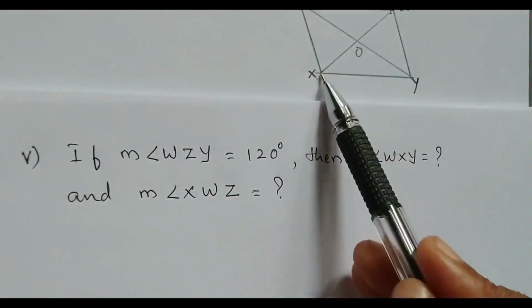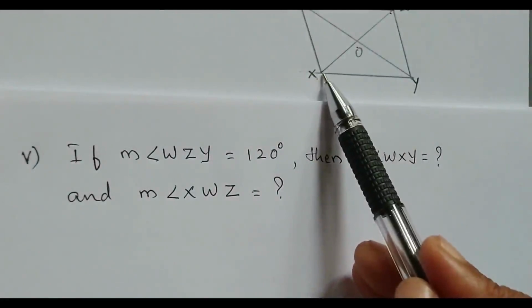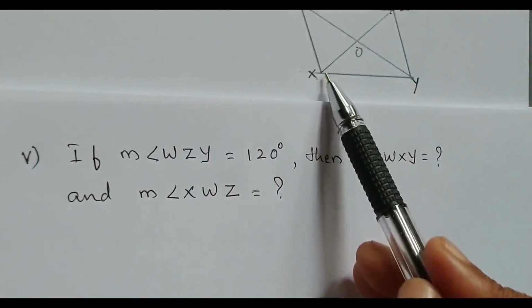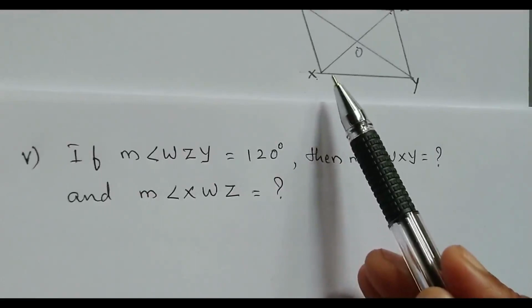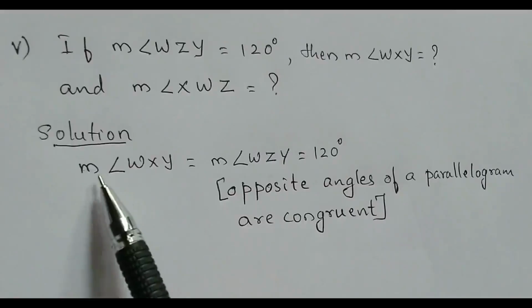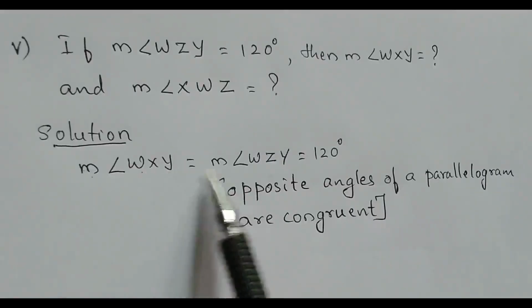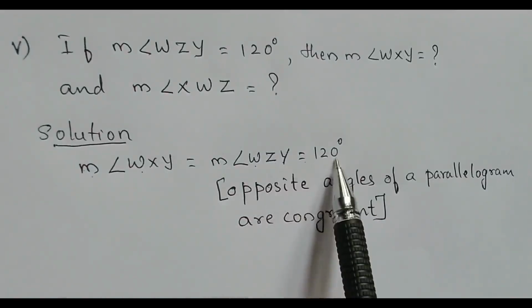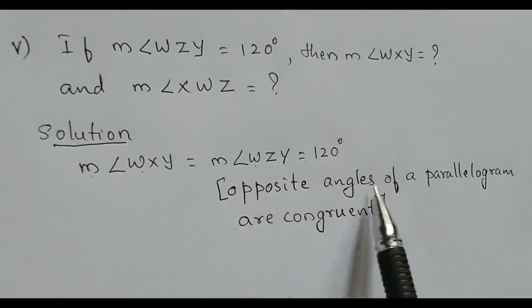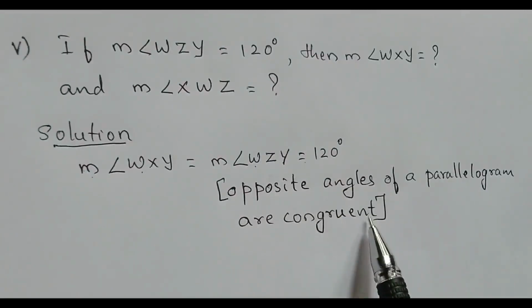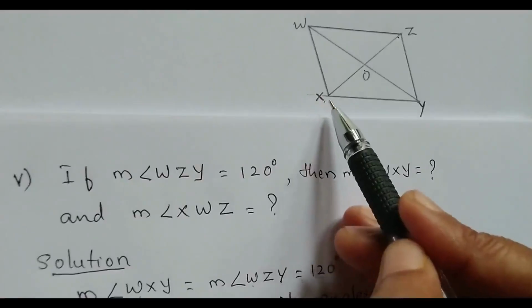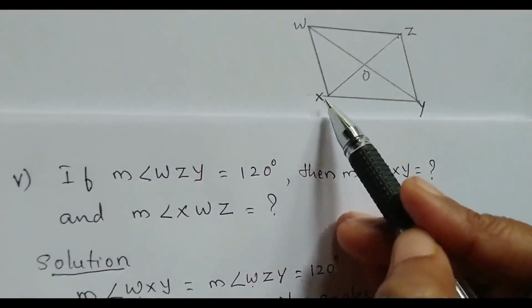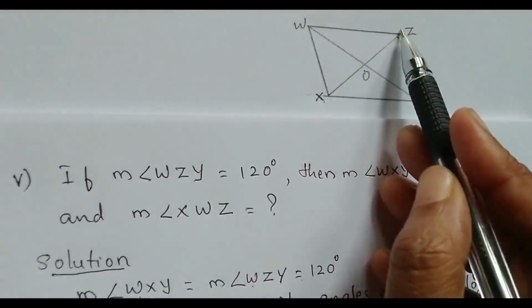Yes, WXY is also 120 degrees. The reason is opposite angles of a parallelogram are congruent. We have measure angle WXY is equal to measure angle WZY is equal to 120 degrees because opposite angles of a parallelogram are congruent. Now the second part is we want to find the measure of angle XWZ.